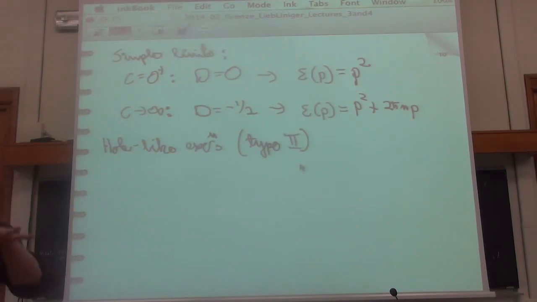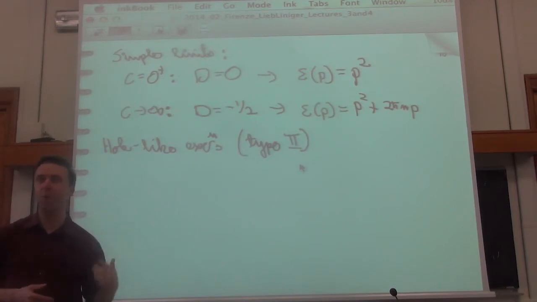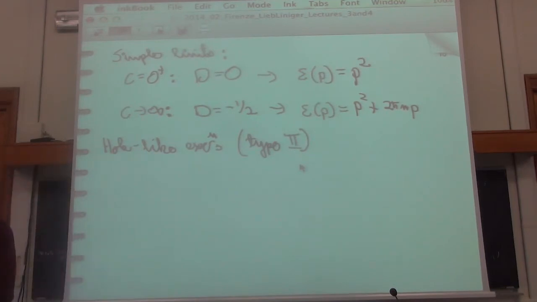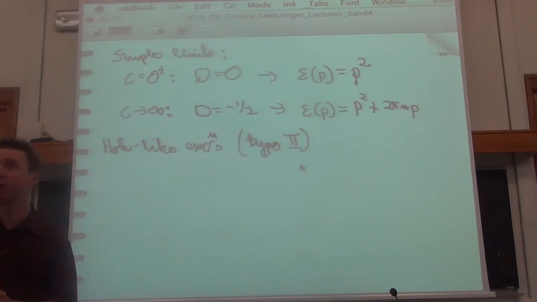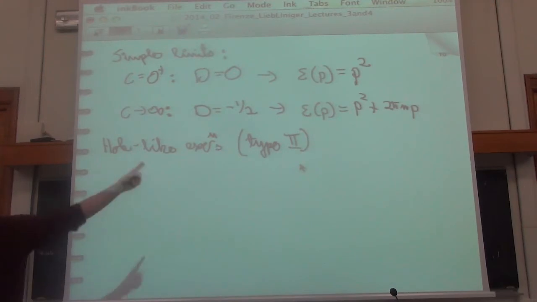Okay, so we have strongly interacting bosons, but the type 1 excitations do not interact with each other. Type 1 and type 2 are free excitations, up to corrections of order 1 over L. So you create 1,000 type 1 excitations, the energy you've pumped into your system in the thermodynamic limit is the summation of the expression that we wrote down over the 1,000 things.